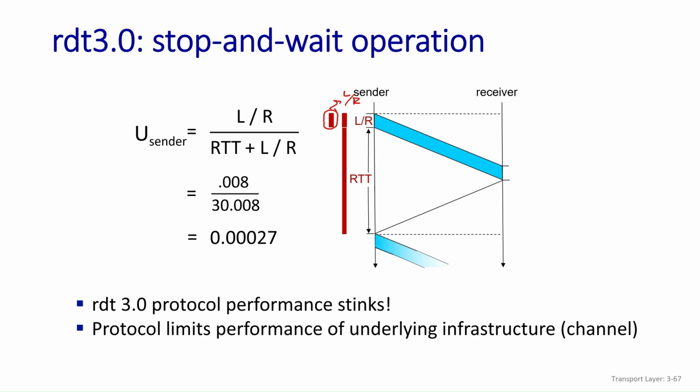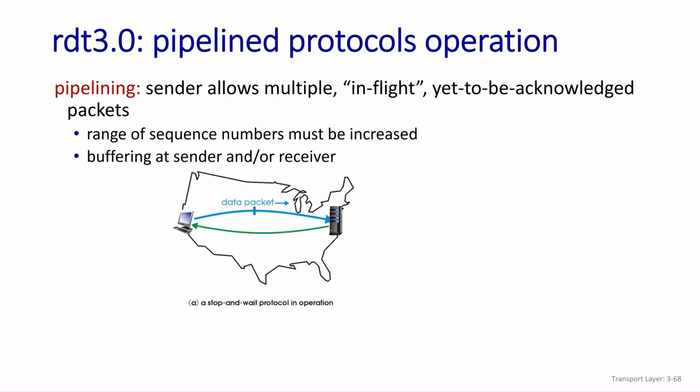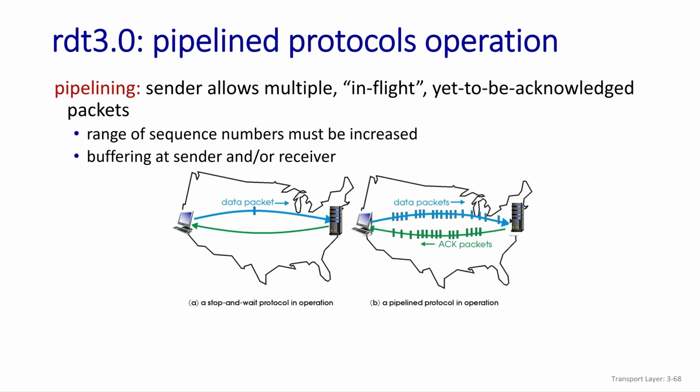If I really want to improve the utilization of the link in rdt 3.0, I need to add more packets in flight. I should increase its performance by sending more packets without waiting for an acknowledgement. Previously, we sent one packet and did not send the next packet until we received its acknowledgement.